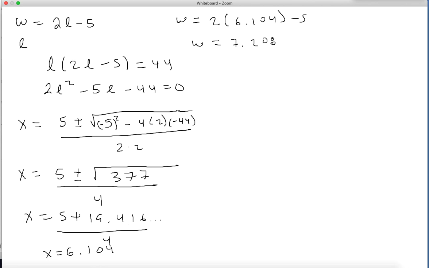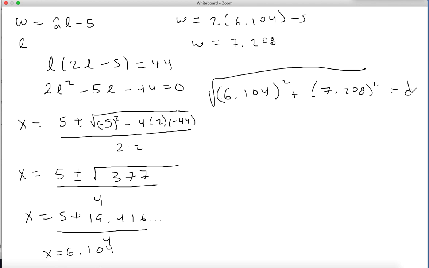And so now let me do the Pythagorean theorem. So 6.104 quantity squared plus 7.208 quantity squared, and then the square root of that should equal the diagonal. So let's see what I get.